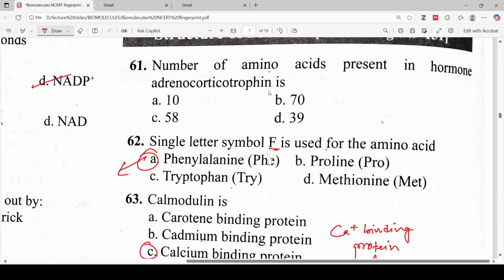Next question. Number of amino acids present in human hormone adrenocorticotrophin. So you have to choose here the correct answer.